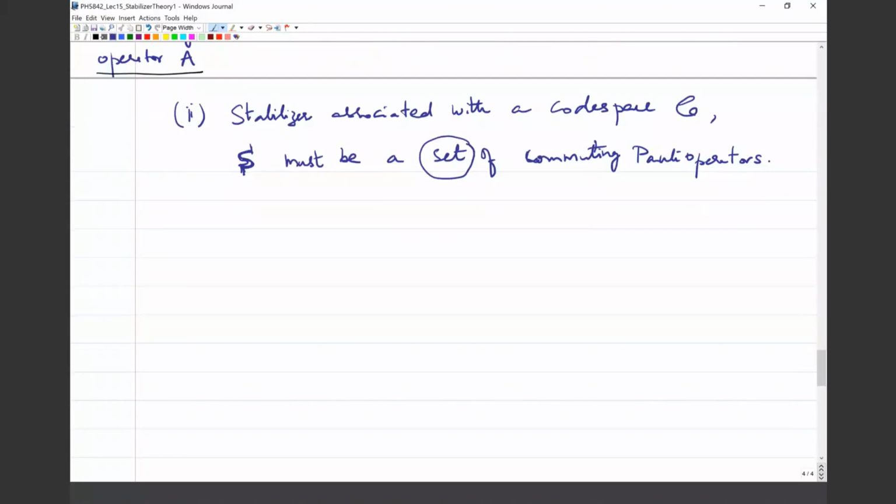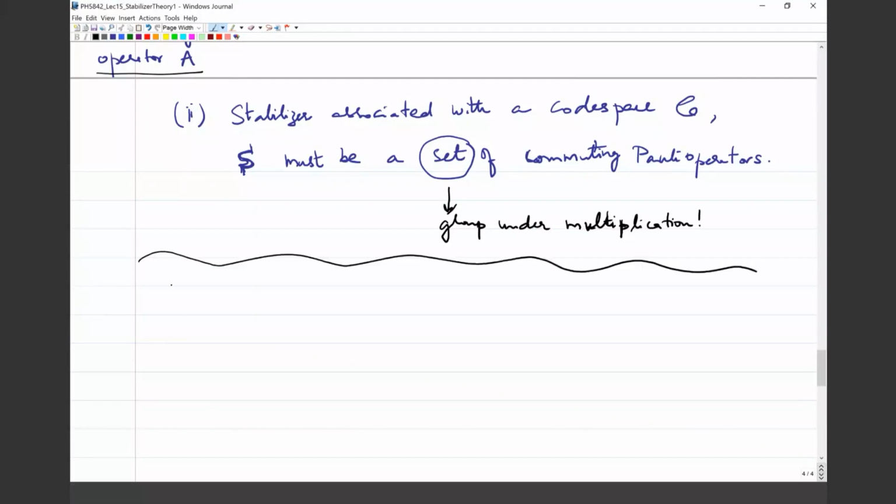They actually form a group under multiplication. Okay, so why is that? So let's now therefore jump ahead and start talking about the Pauli group.